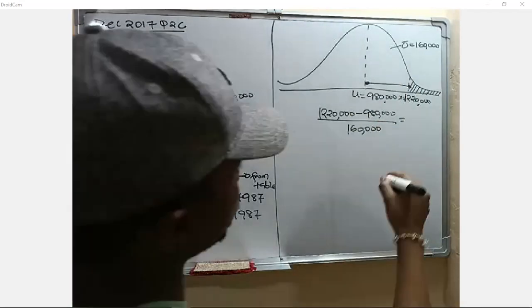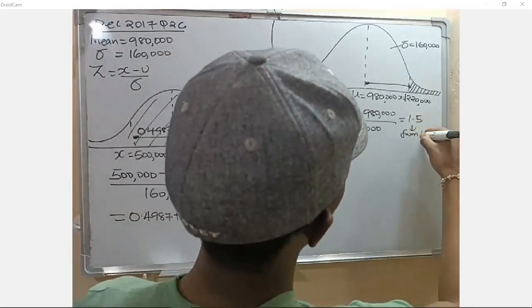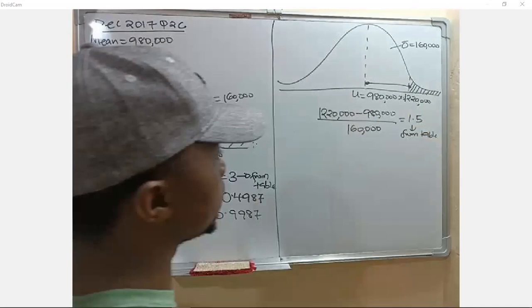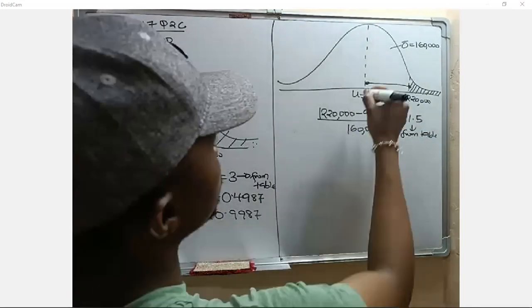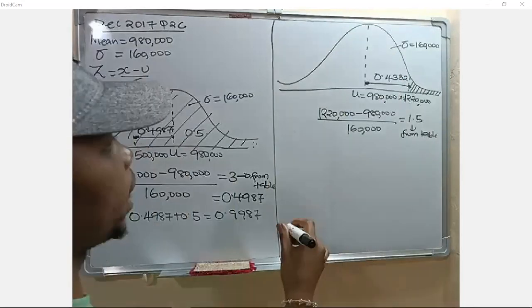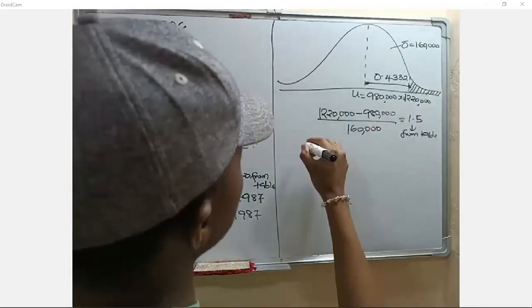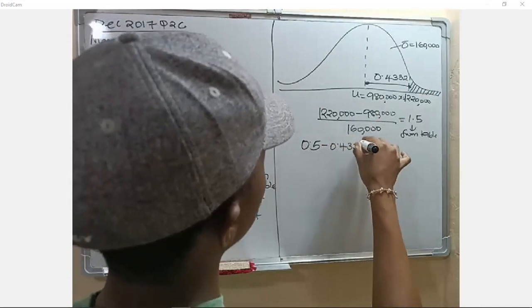You get 1.5. Go to the table and look up 1.5. It reads 0.4332. Right? So to get the shaded region, I just need to take 0.5 minus 0.4332.